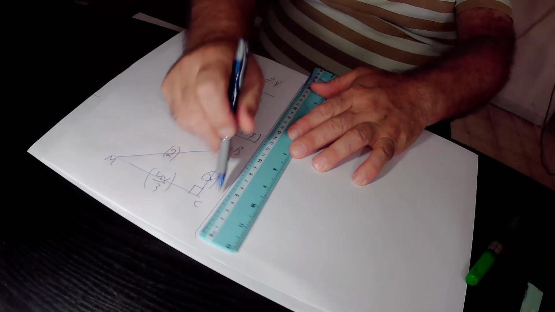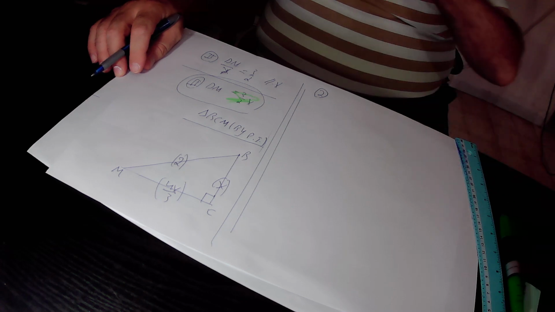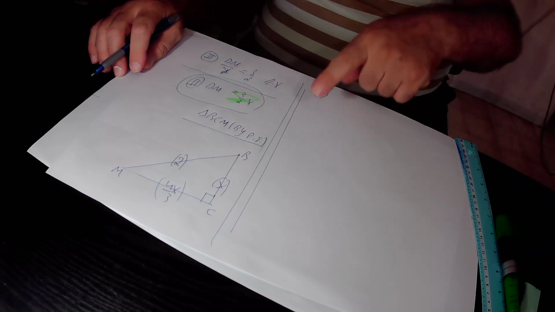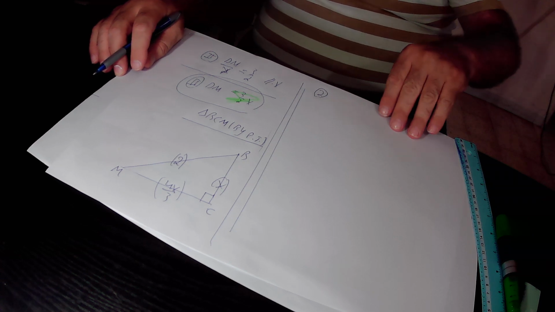According to the Pythagorean theorem, in this small right triangle BMC, BM squared equals BC squared plus CM squared. So I write it down.